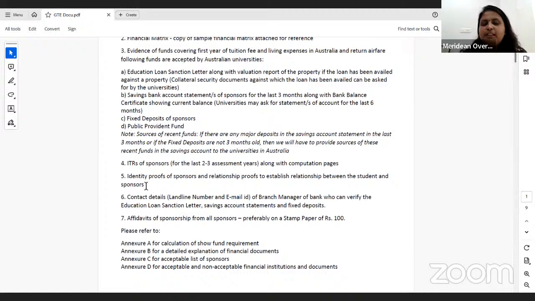So if a student is going for education loans, savings account, FDs, in that case we are looking for contact details of the bankers, landline number and email ID. We are not accepting any email ID of Gmail, Yahoo, Hotmail, Reddit. We are looking for the official email ID of the bank or any of the financial institution.